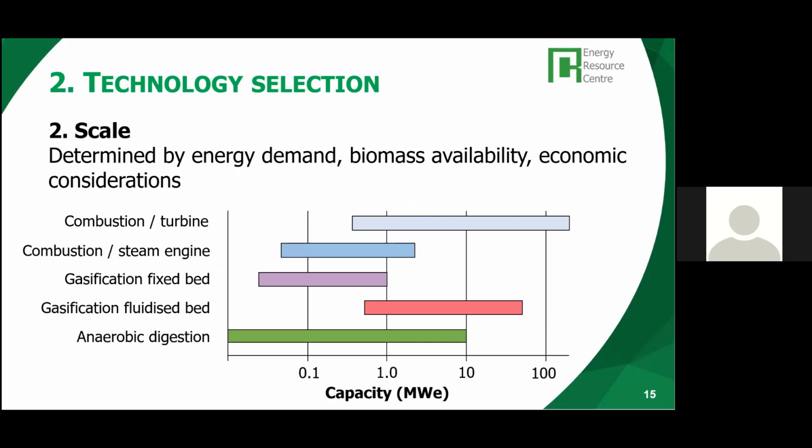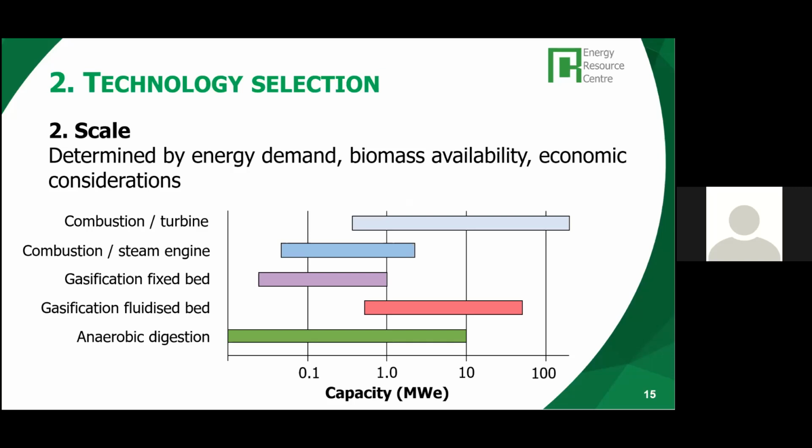The second point was scale. Scale is more or less set by, on the one hand, the energy demand. If there's a certain limitation to the amount of energy that can be produced from the demand side, then that sets a certain maximum to the production scale.